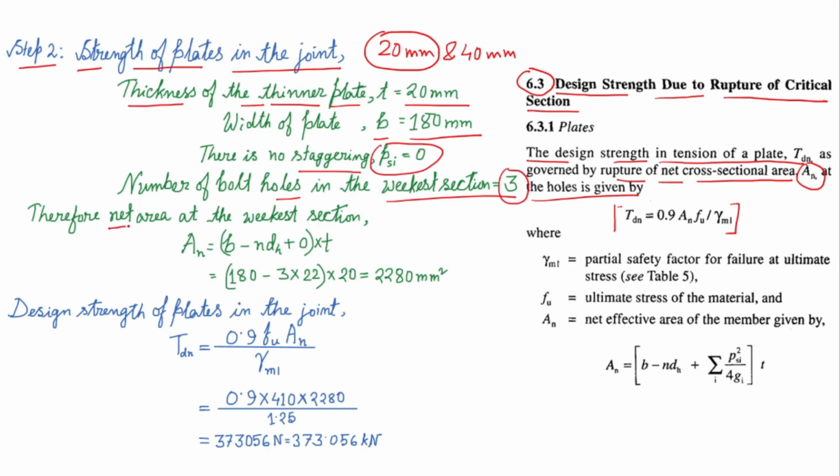Therefore, net area at the weakest section. So this is the formula, it is given in this IS code.